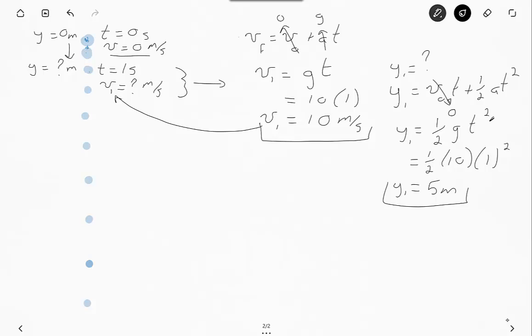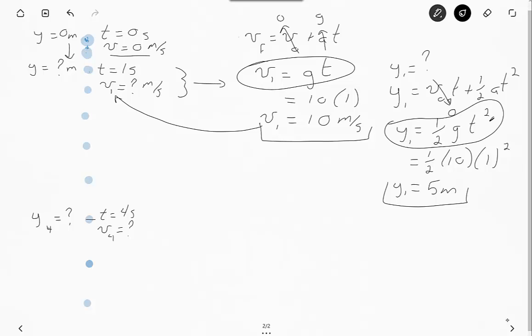Let's jump down for a minute and see what happens. Let's say that the ball gets to here at t equals 4 seconds. I still want to know how fast is it going, and where is it. I'm going to do the same thing, except I can cheat a little bit now because I know that v is simply gt and y is simply 1/2 gt squared. So v4 is going to be 10 times the time of 4, which is 40 meters per second.